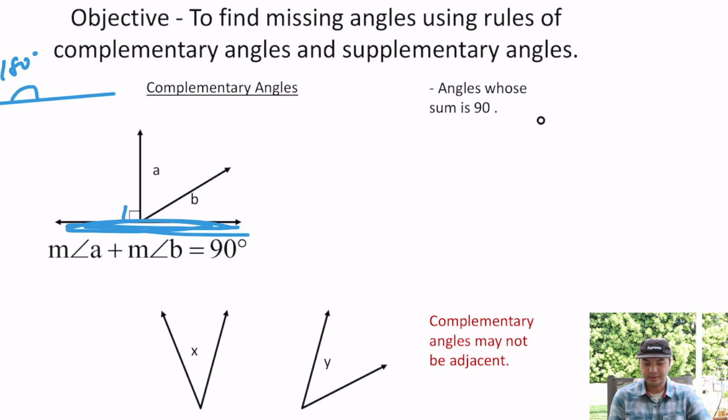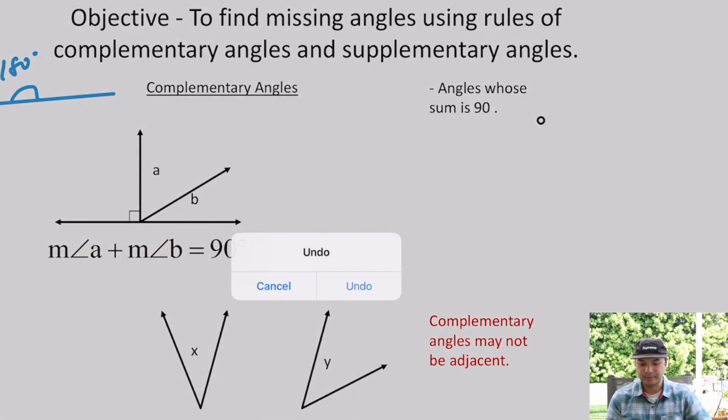So this right here is a straight angle, and this is 90 degrees. That means these two angles over here are also going to be 90 degrees because it has to add up to 180 degrees. Alright, so A and B, so right here the measure of angle A plus the measure of angle B has to equal 90 degrees.